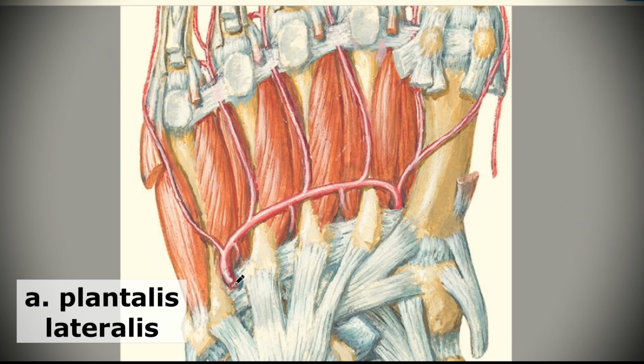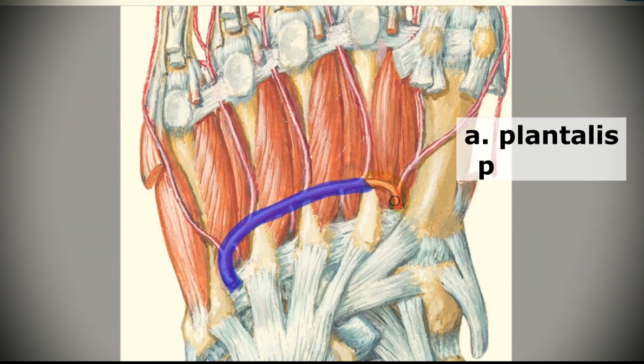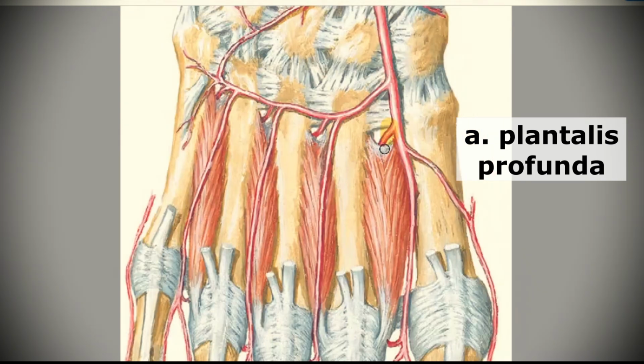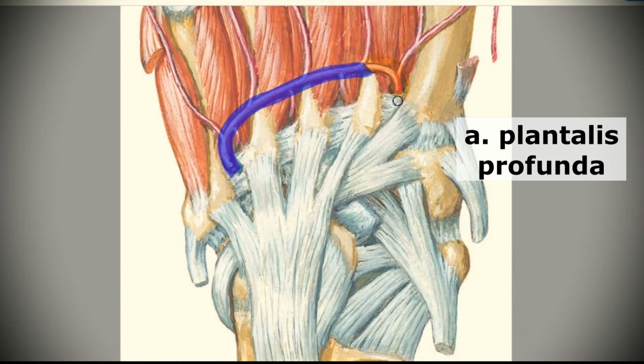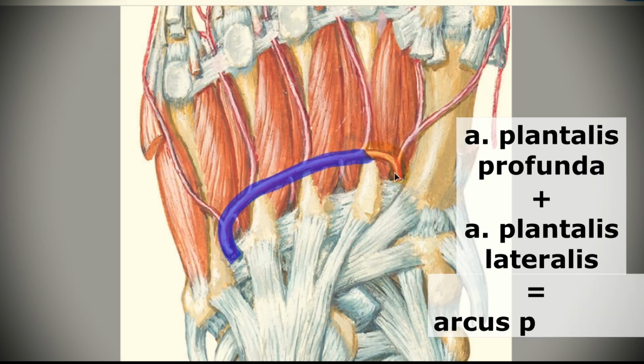This part is part of arteria plantaris lateralis, and this is ramus plantaris profundus from dorsalis pedis that penetrates the first intermetatarsal space. So on the plantar side it makes anastomosis with plantaris lateralis and creates this arc. The name of this arc is arcus plantaris.